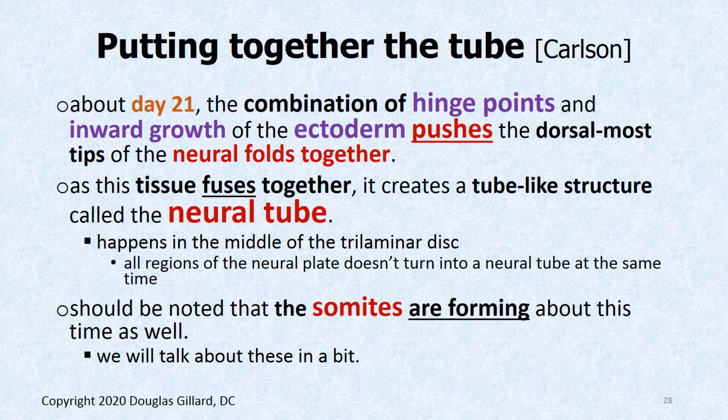And they fuse together, and now we have a hollow neural tube. We'll talk about next week the formation of the somites, which are super important. They're mesoderm clumps that are so important for so many things. This somite story is starting about now as well. So we got a couple stories going on at the same time.